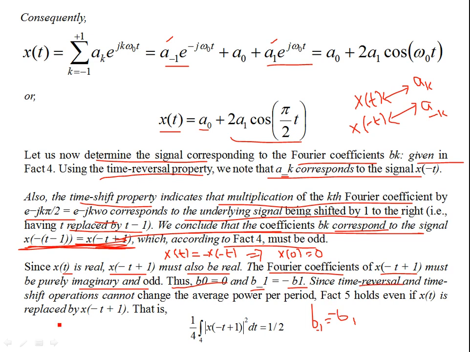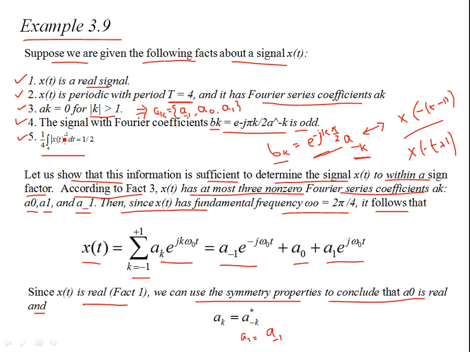Since the time reversal and time shift operations cannot change the average power per period, fact 5 holds: if x(t) is replaced by x(-t+1), then the power is still going to be half. Even if you shift in time, the power is not going to change. The power is still preserved. So this is half. Since b naught is 0, the power in the harmonics will be the power in the signal itself.